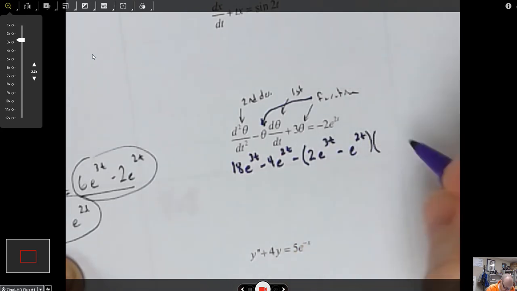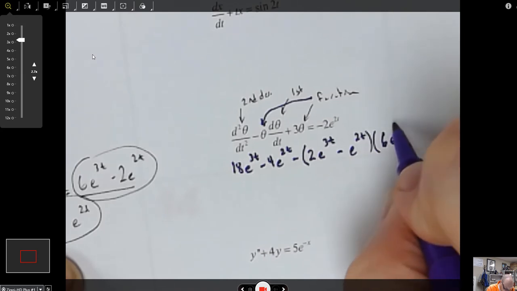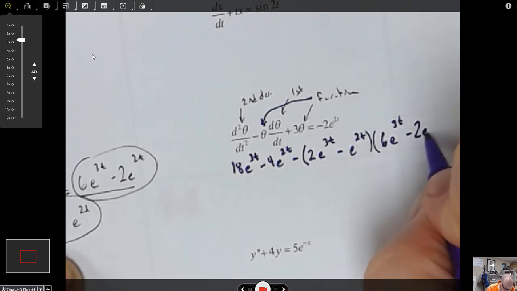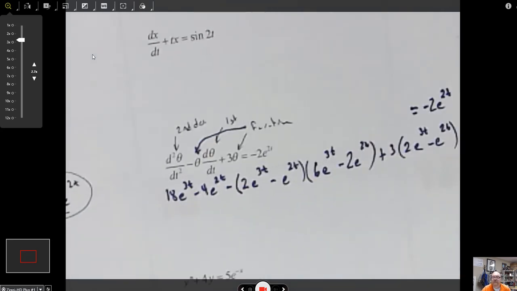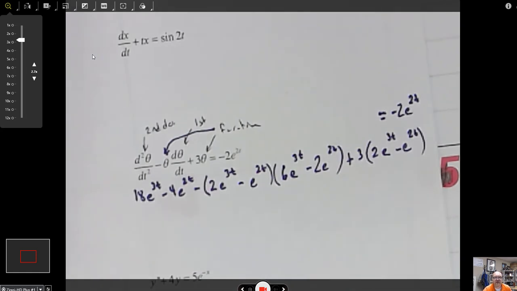Times the first derivative plus 3 times the function, and I'm out of room, but I want to know, does all of that equal a negative 2e to the 2t power? Sorry again for it being off the screen.